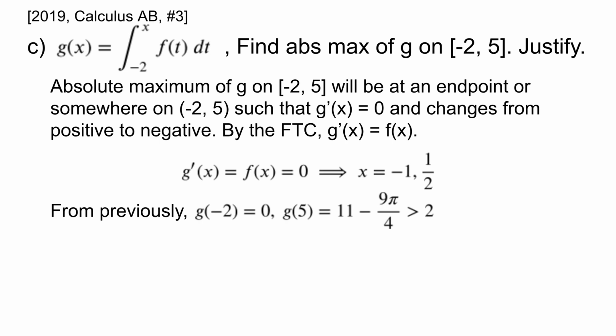From previously, we know that g of -2 should equal 0 because that would just be the integral from -2 to -2. And g of 5 is going to equal 11 minus 9 pi over 4. And it's important to realize that 11 minus 9 pi over 4 is greater than 2.